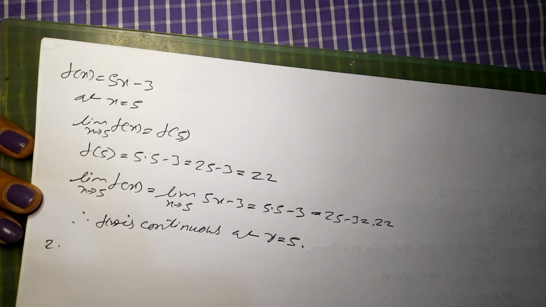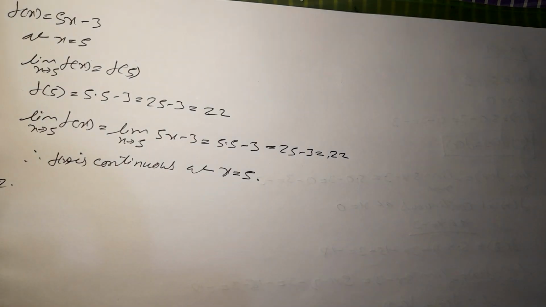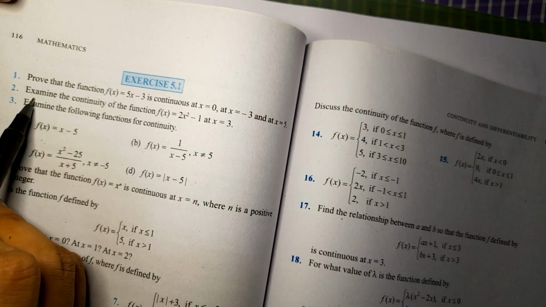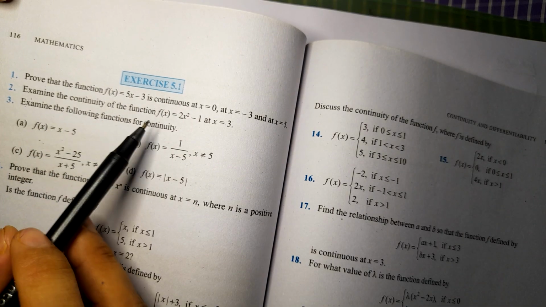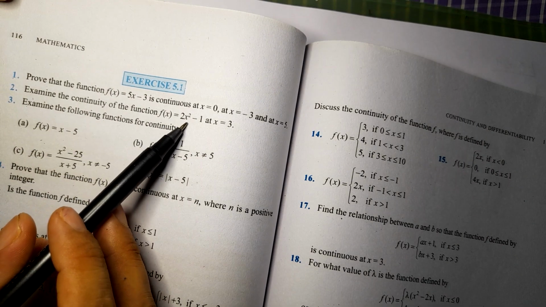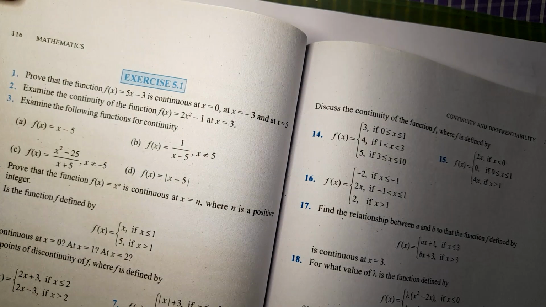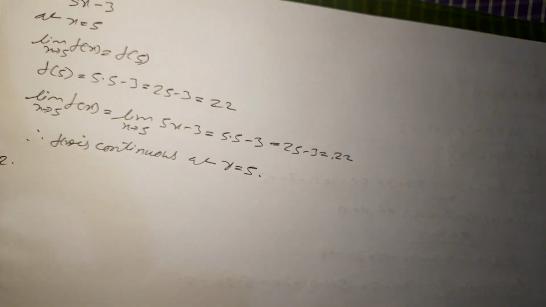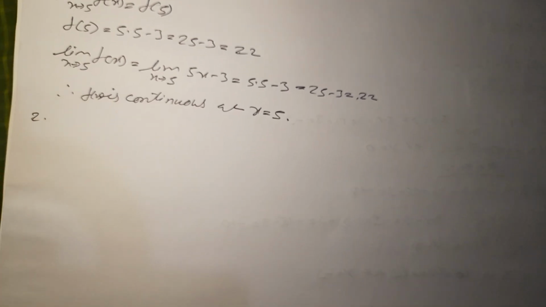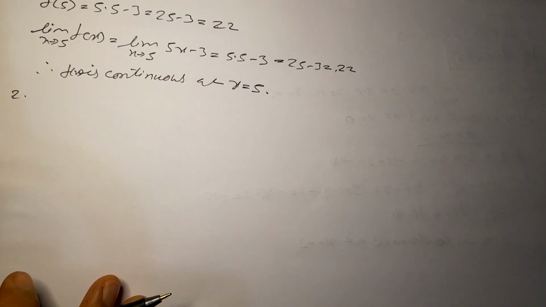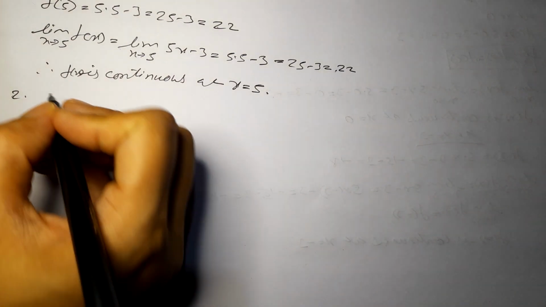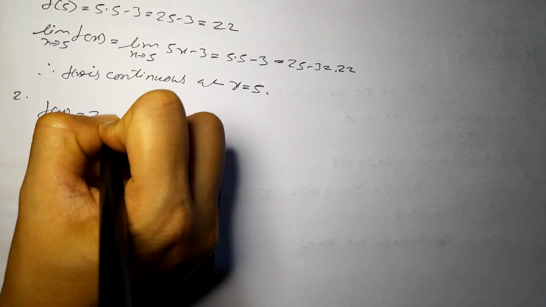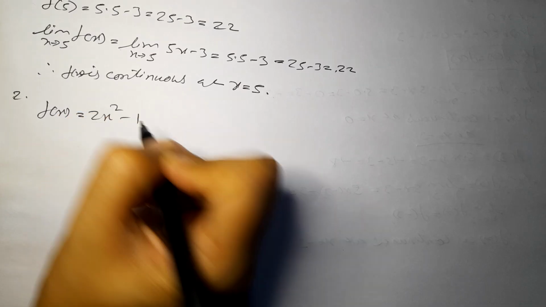Now question number 2. Examine the continuity of the function f(x) equal to 2x square minus 1 at x equal to 3. We have to check whether it is continuous at x equal to 3. The given function is f(x) equal to 2x square minus 1.